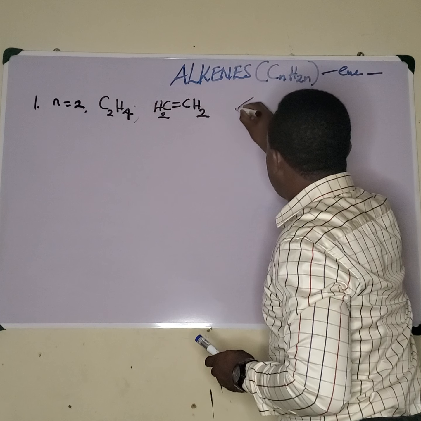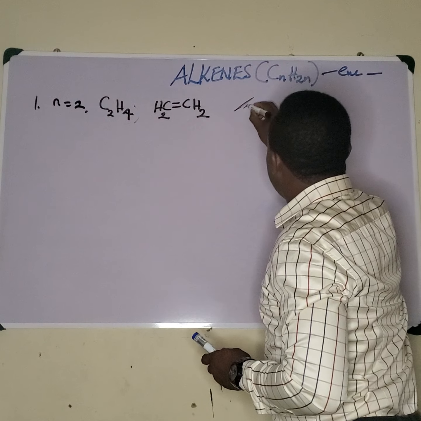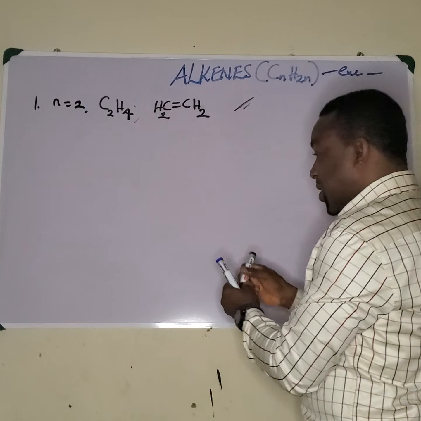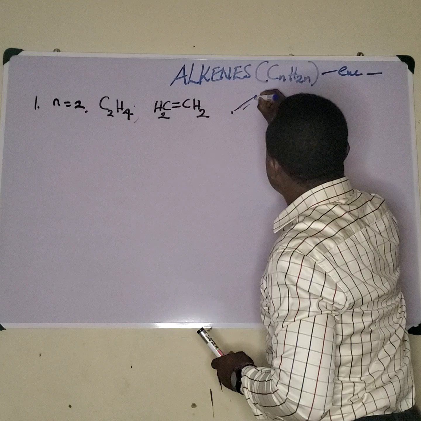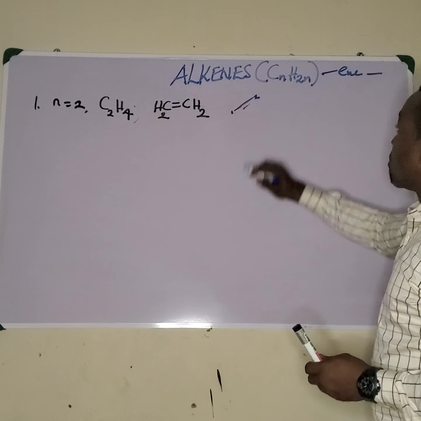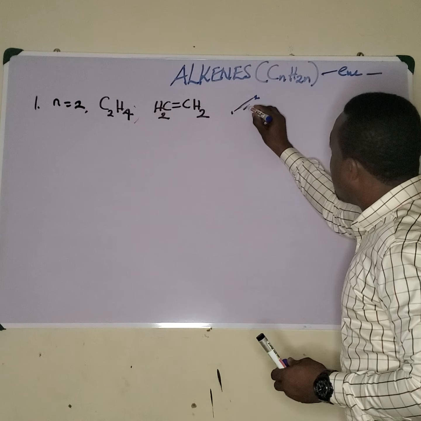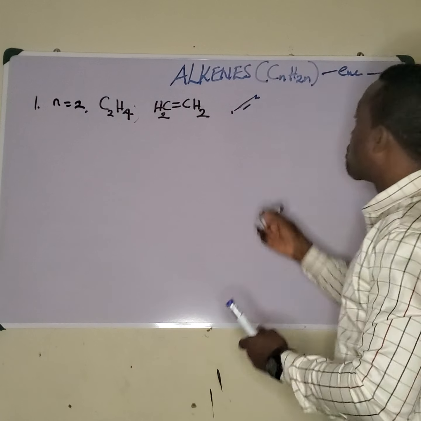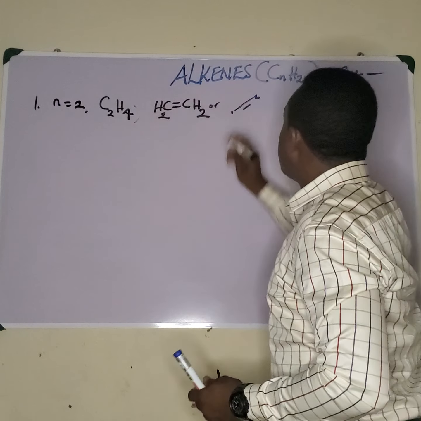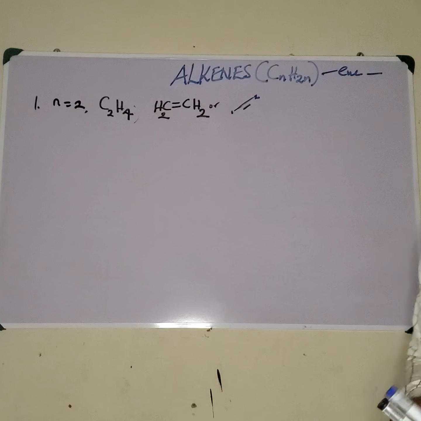Look at what we are going to have. We'll have the double bond. It simply means we have one carbon atom here and a second carbon atom here, with the double bond between them. So this structure is correct.